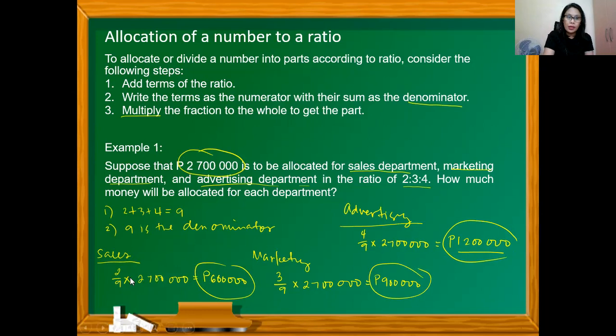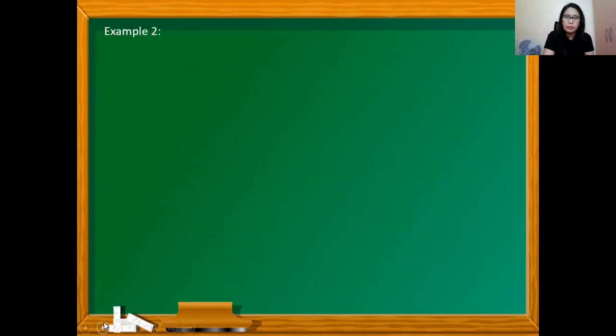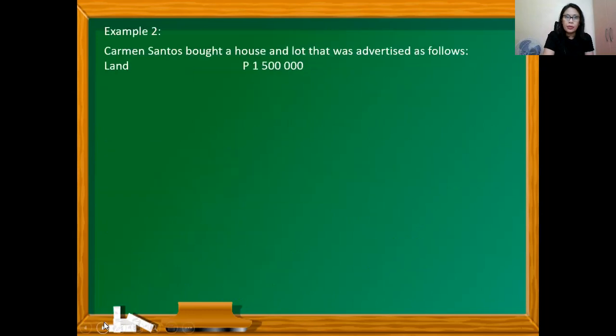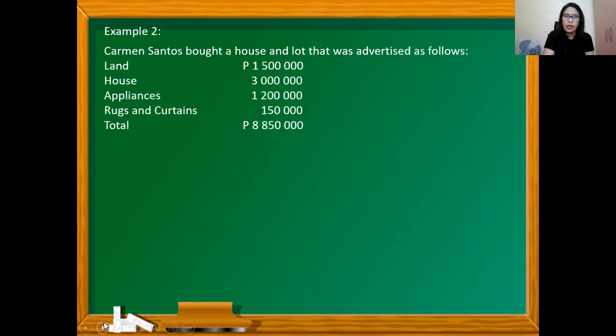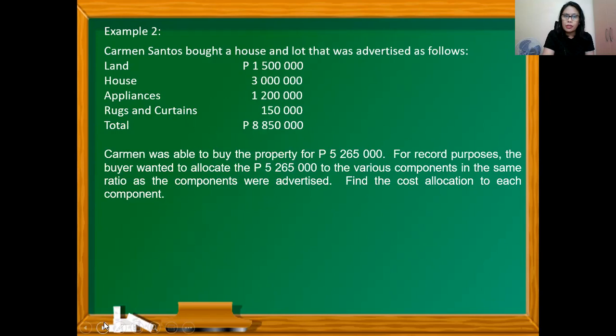Okay. So I guess we have another one. Carmen bought a house and lot that was advertised as follows. So the total amount was 8,850,000. Now, she was able to buy this, and then for record purposes, she wants to allocate for each of these, considering the total amount that she has purchased.